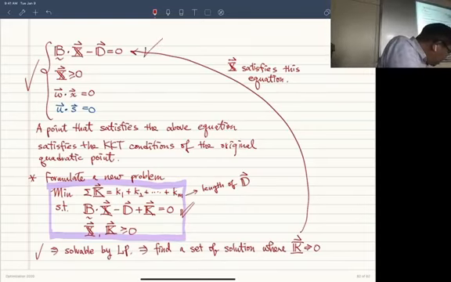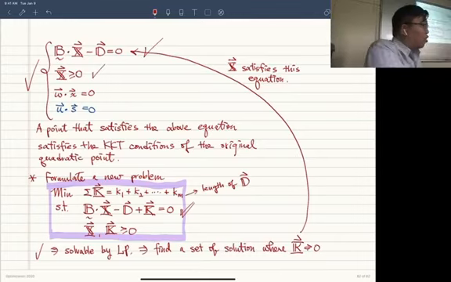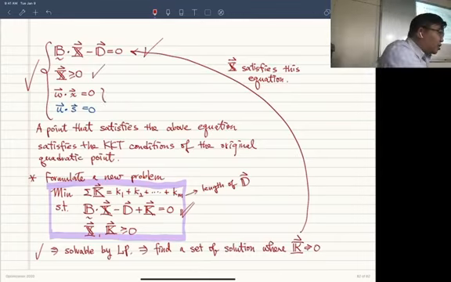Okay? So once you are able to do that, of course, the second equation is also automatically satisfied. But how about the other two? How about the other two?